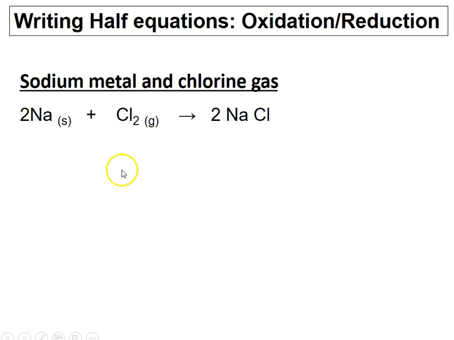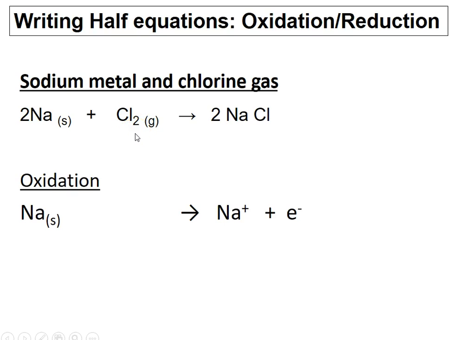Okay, so an example is the one we've done before, sodium with chlorine. In reality, you don't just have one sodium atom by itself, you have a whole lot of metal, and chlorine comes as molecules sharing. So if we broke it up, the sodium is what is actually losing electrons. Must remember to put the electron that's being lost on this side of the arrow. Oxidation is the loss.